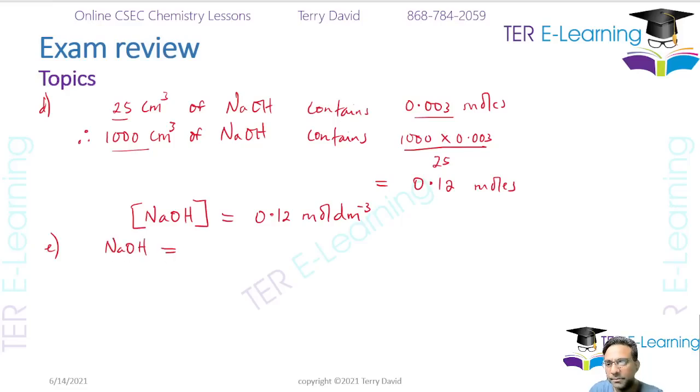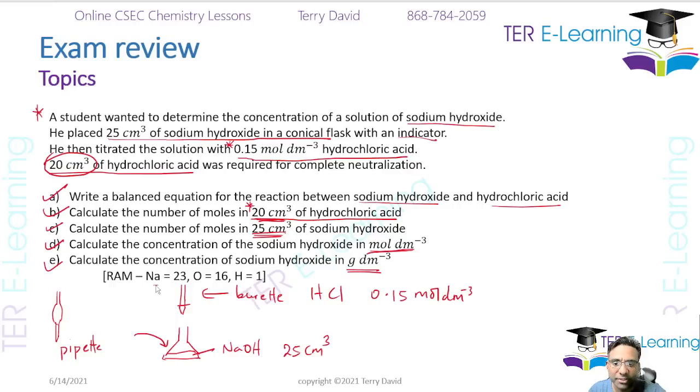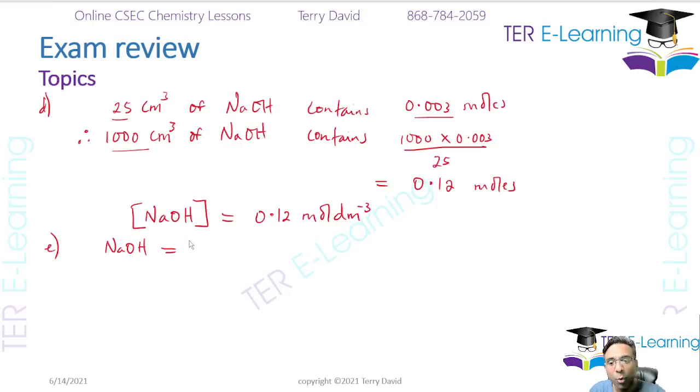I've given you the relative atomic mass of these things. Sodium is 23, oxygen is 16, and hydrogen is 1. So to find the molar mass, which is the mass of 1 mole of sodium hydroxide, it's going to be sodium 23 plus 16, plus hydrogen, which is 1, and that gives us 40.